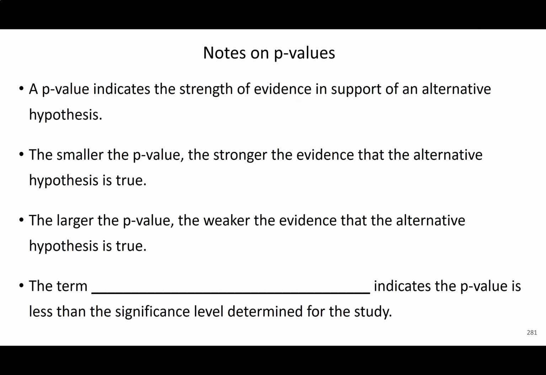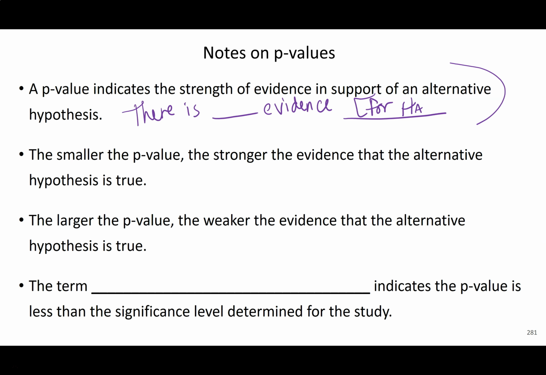And then just a couple notes on p-values. The p-value talks about how strong our evidence is for the alternative. You could also think of it as against the null. When we do our write-up, we usually try to say there is blank evidence for the alternative in context.